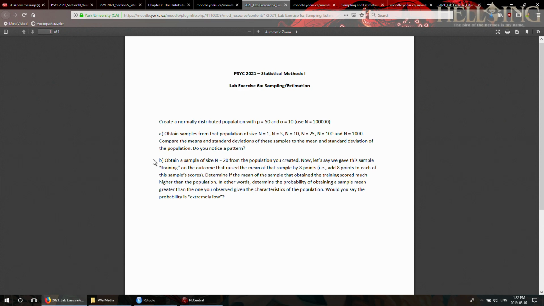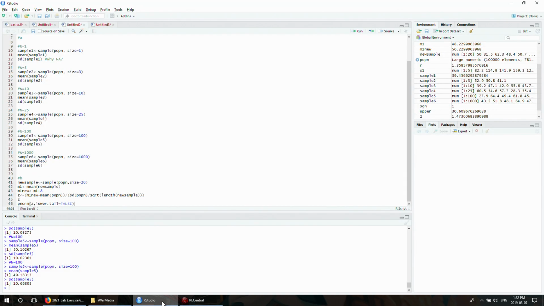If it's extremely likely that we could sample a number that big or larger, then it's very difficult to say the treatment had any effect. And if it's extremely unlikely that we'd randomly draw a group that performed that well, then we can say there's likely to be an effect.